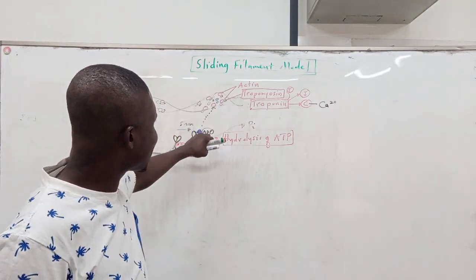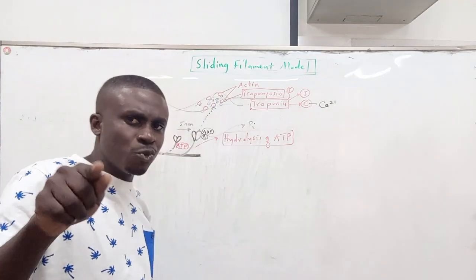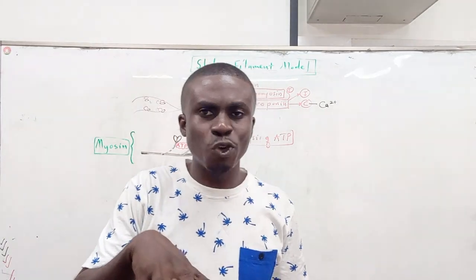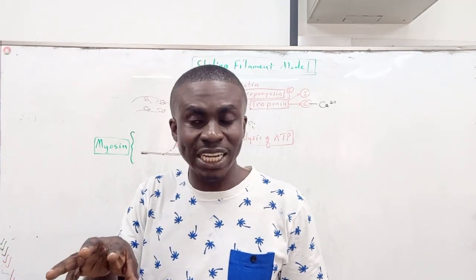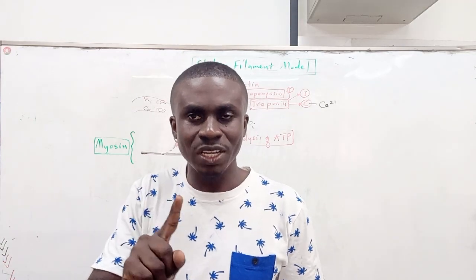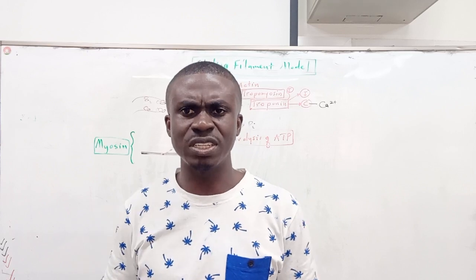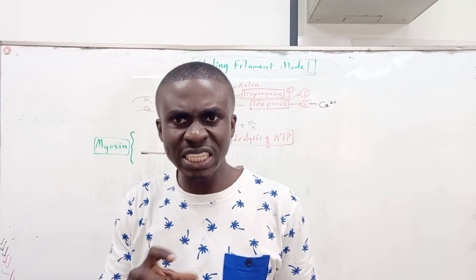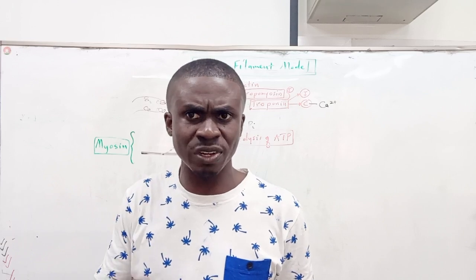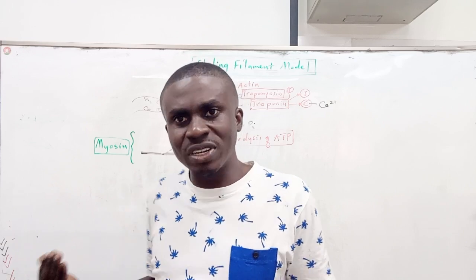And so, I told you that at almost the same time, there's going to be something we call the motor end plate at the neuromuscular junction. The motor nerve is going to release the neurotransmitter in vesicles, after docking with the membrane, releasing it into the motor end plate or neuromuscular junction. There will be receptors on this muscle cell.